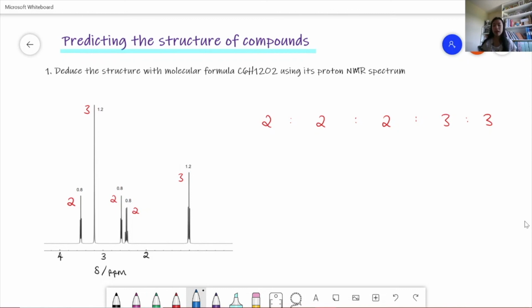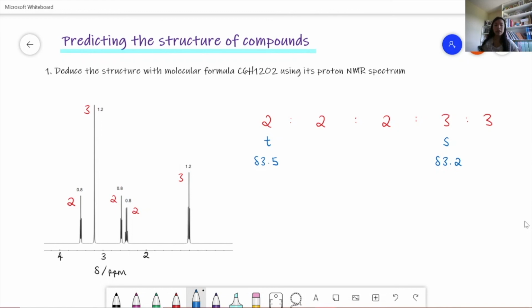So the first peak we have is a triplet peak. The chemical shift value is 3.5 ppm. For the next peak, a singlet, this is the one where 3 hydrogens are in this environment, and we have a ppm value of 3.2.